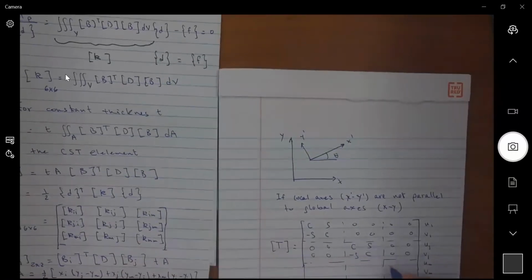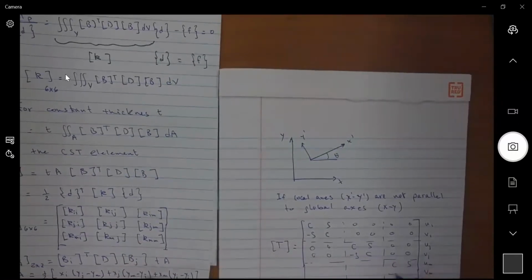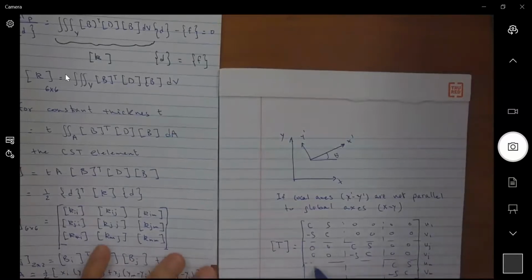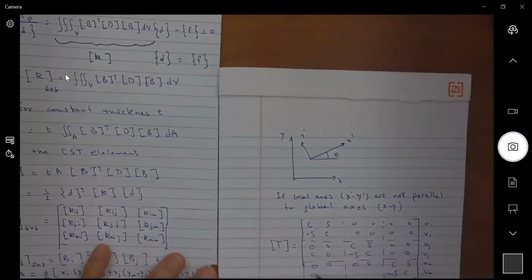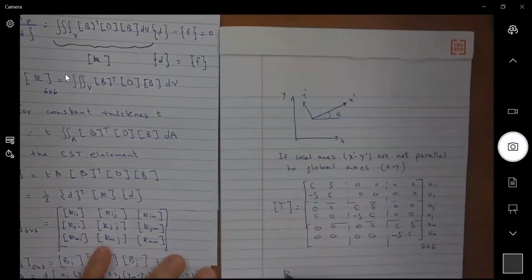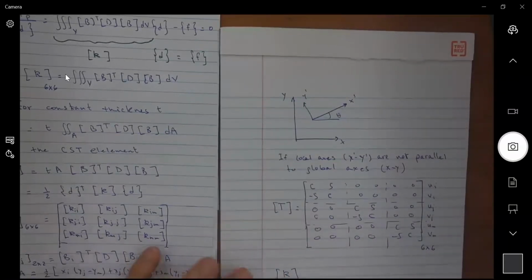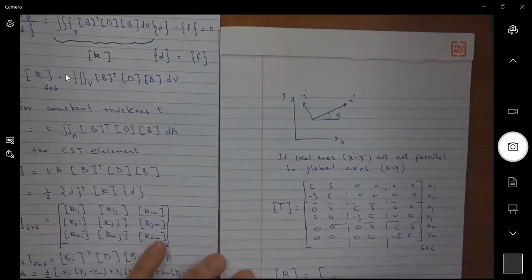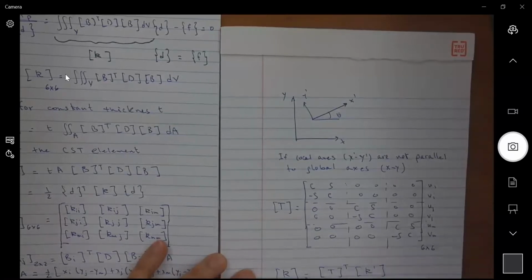And finally, I'm going to get the C S, minus S C corresponding to um, vm, and everywhere else is a 0. Now, your global stiffness matrix for the element k may then be expressed as T transpose times k prime multiplied by T.